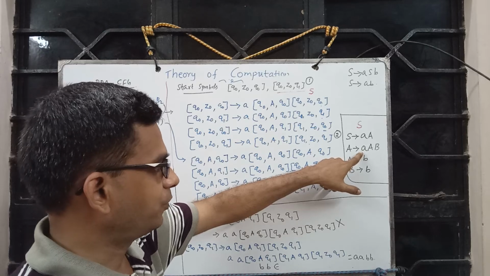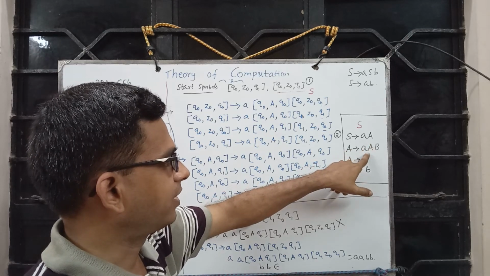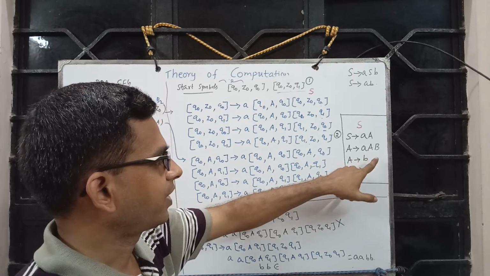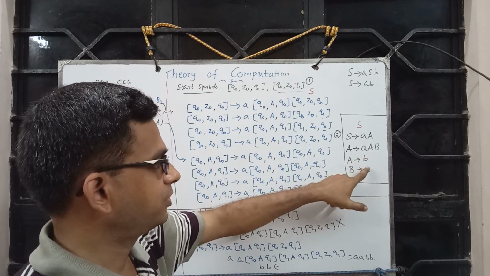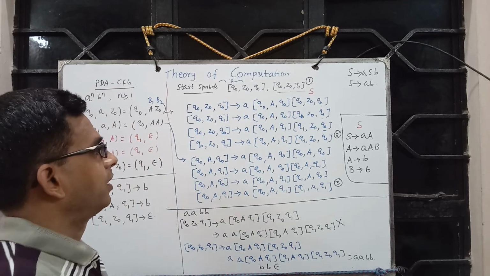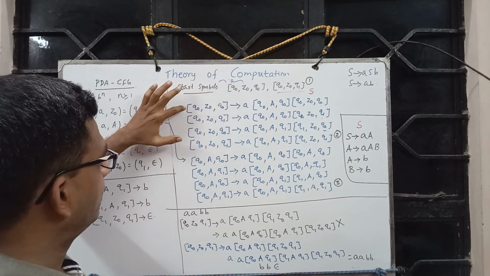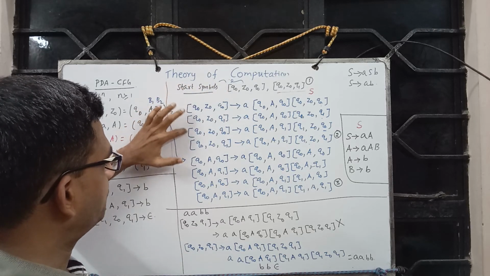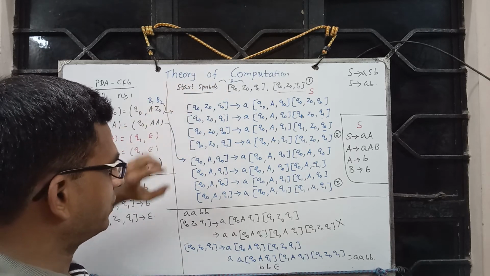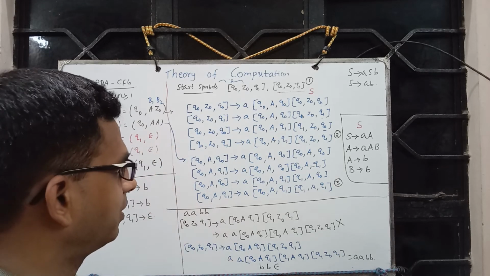Otherwise you go for this and you substitute here, you get A, capital AB, and you can terminate using these two or go for further recursion. So which means this one is useless non-terminal. This one, this one, this one, these productions are also useless. Similarly, these three productions are also useless.